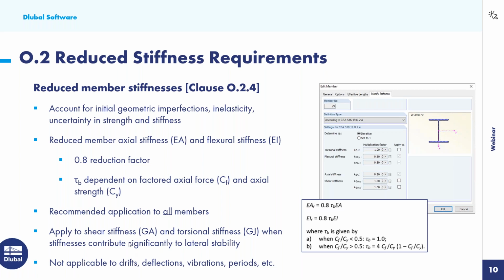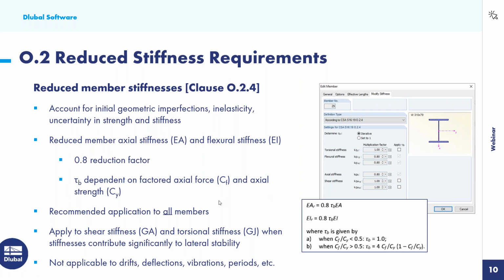So what we potentially have the ability to do is to also consider this 0.8 and tau sub B reduction factor for the rest of the stiffnesses as well for the member, not just axial and flexural. And over on the right, we have our dialog box where in just a minute, we'll show how to apply these stiffness reductions. You can see that for the CSA standard, we actually list all the different stiffness options here and how those factors can be applied to them differently.